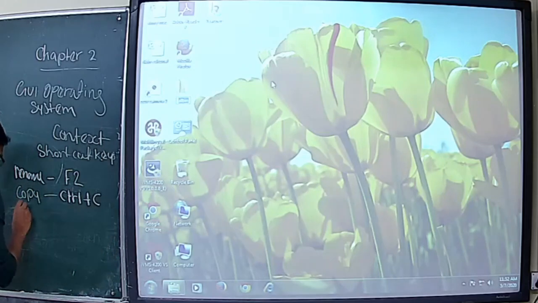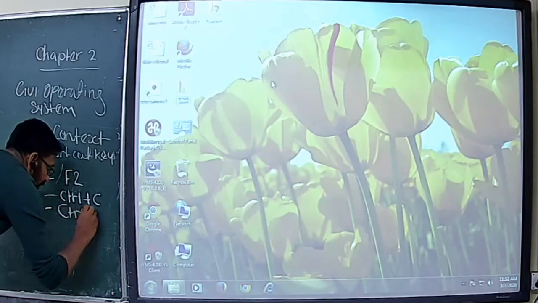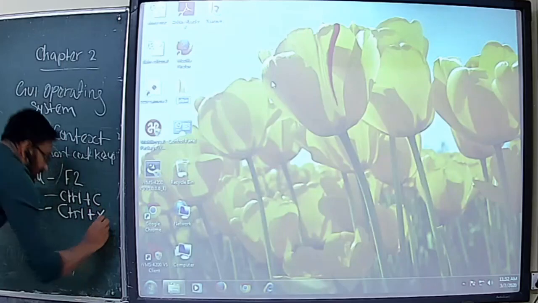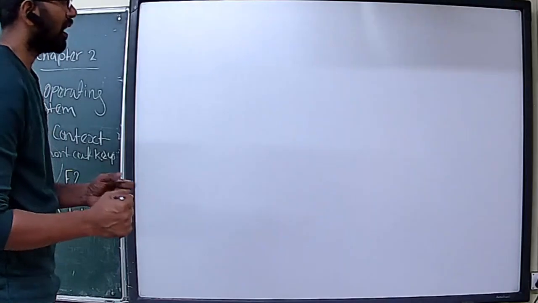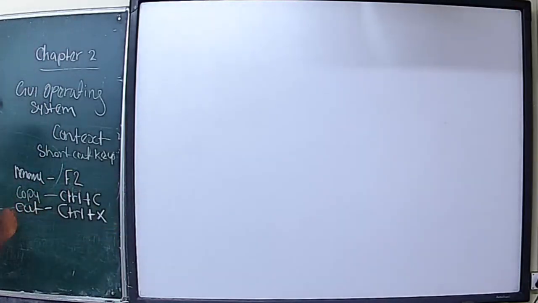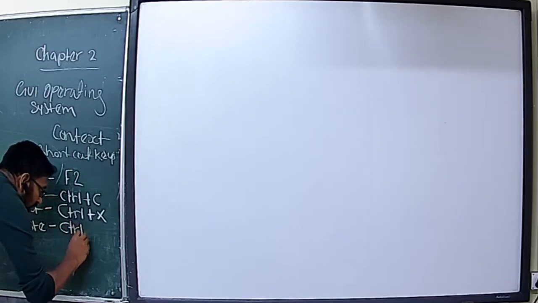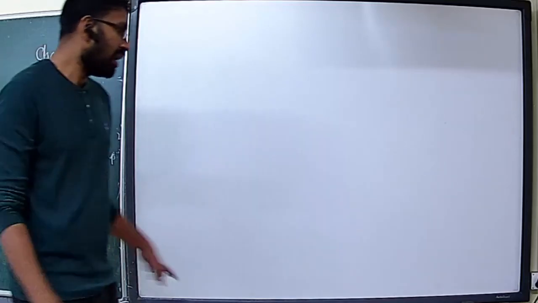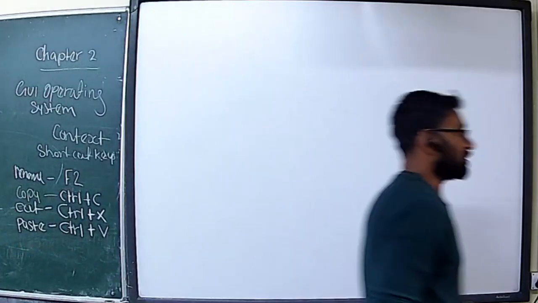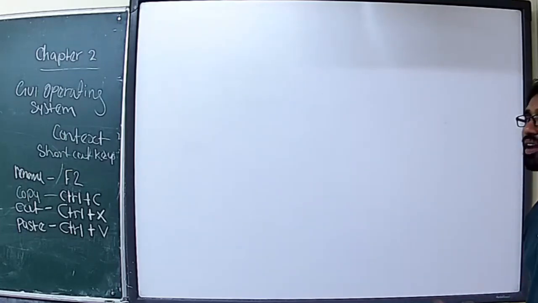For cut, CTRL plus X. X means permanently take the folder. And for the paste function, that is CTRL plus V. Hold the CTRL key, then press the V key, that pastes the document.